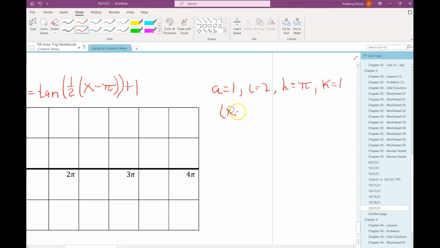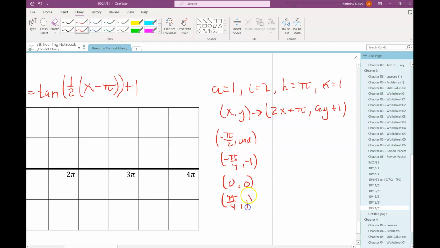And then we'll write our transformation map. And then for my key points for tangent, again, we're just plugging the x's into the x spot and the y's in for the y spot.